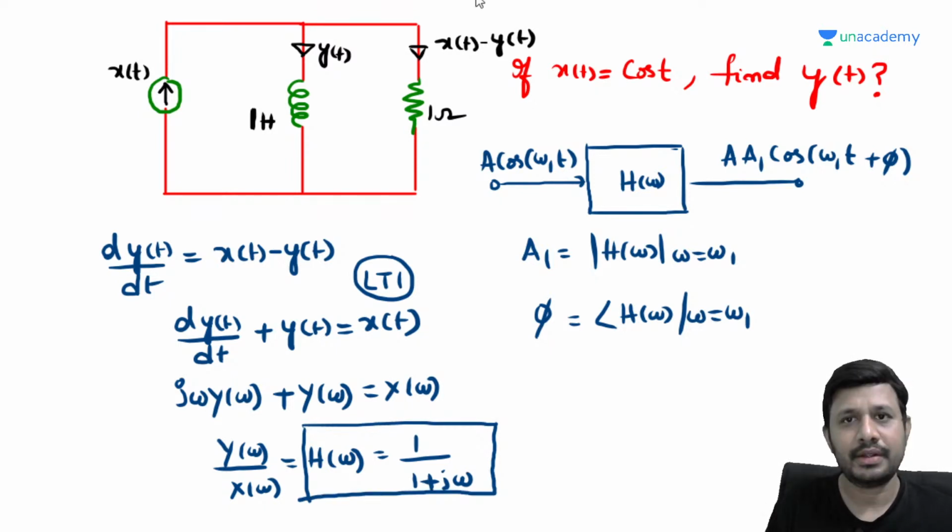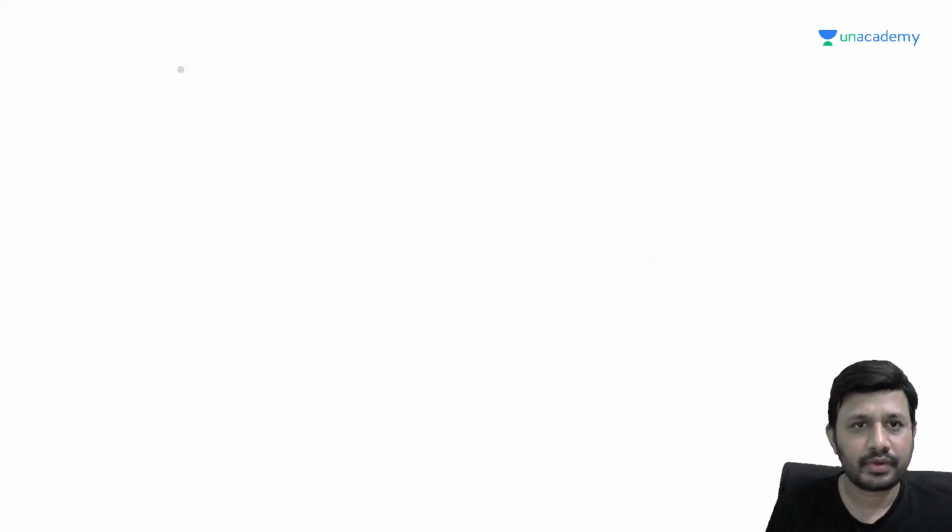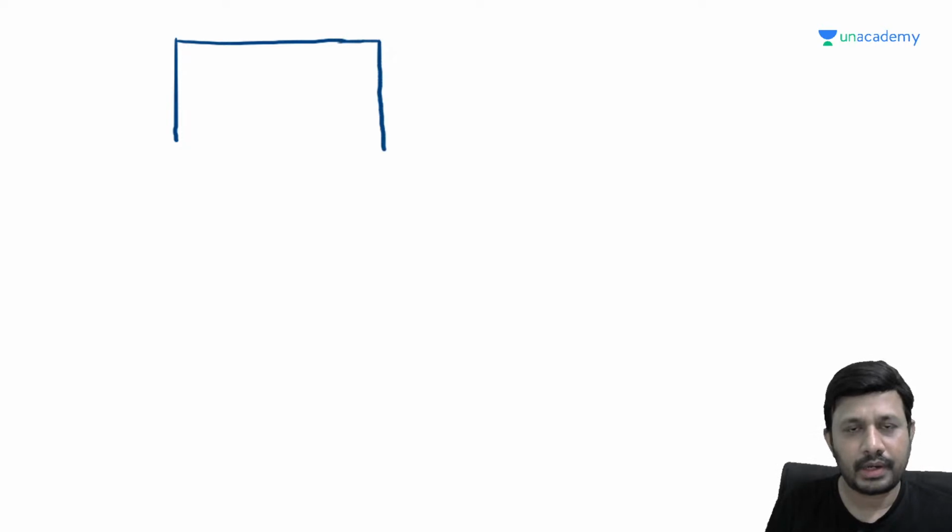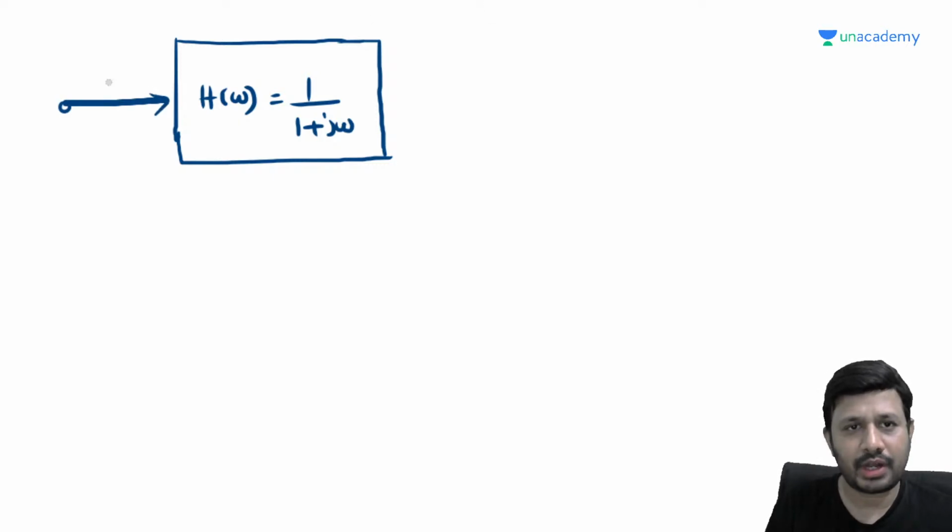So observe here, H of omega is, very good questions are coming, be patient. Now what is the input we are going to give? x of t is equal to cos t, he said.